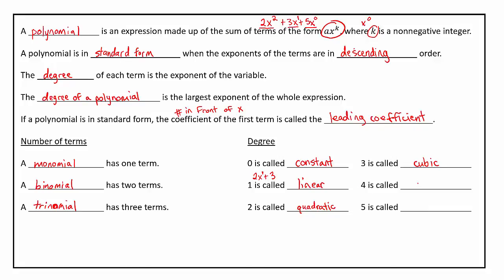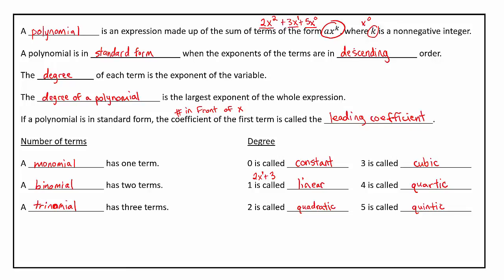4 is called quartic, so if you think about quarters, that's where that prefix comes from. And then 5, if we can think of a prefix for 5, we might be able to guess this, it's quintic. And then after that, we normally don't even bother. You could probably come up with, in a similar fashion, words to mean a degree of 6 and a degree of 7 and so on.